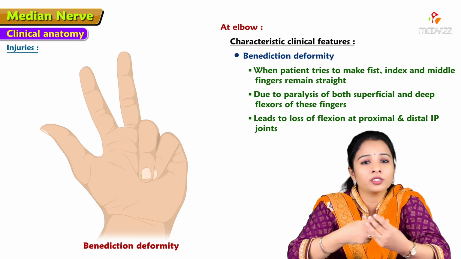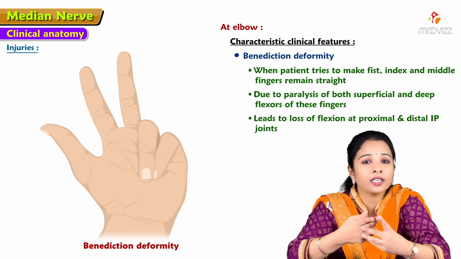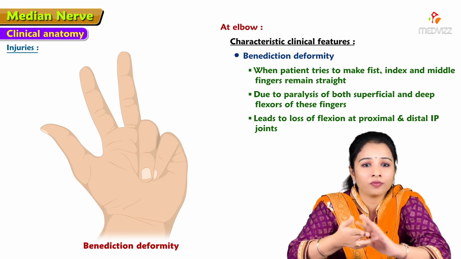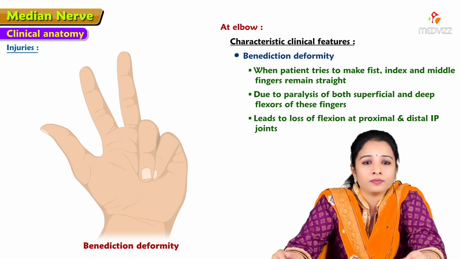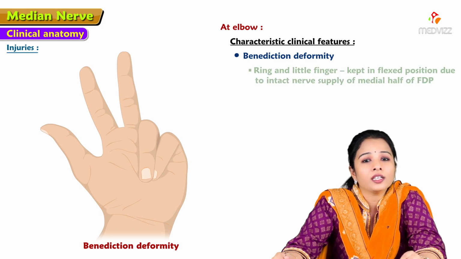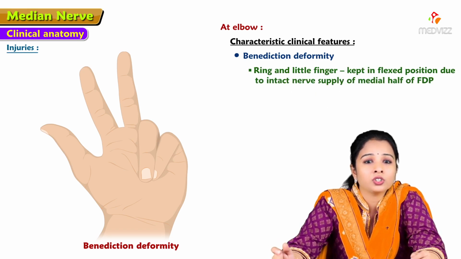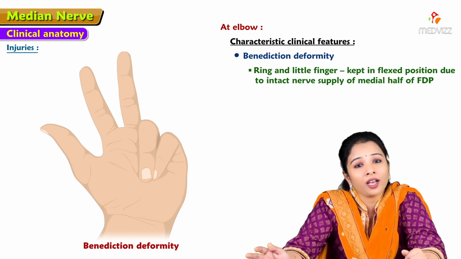These two fingers will be straight. So it indicates the paralysis of flexor muscles, which means an injury of the median nerve. The ring and the little fingers can be flexed due to intact nerve supply of the medial half of flexor digitorum profundus, which is supplied by the ulnar nerve.